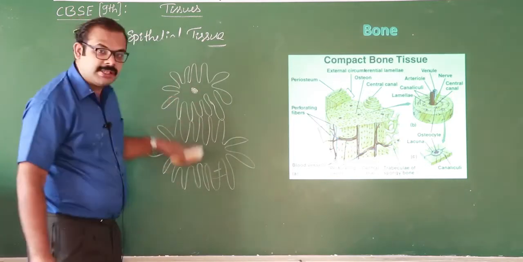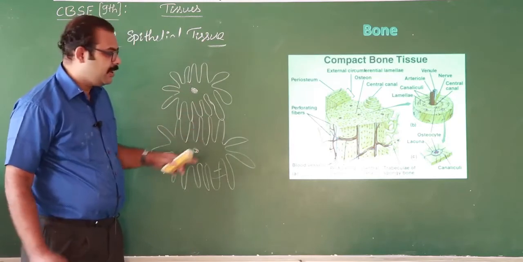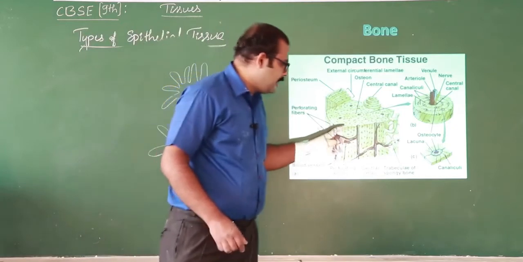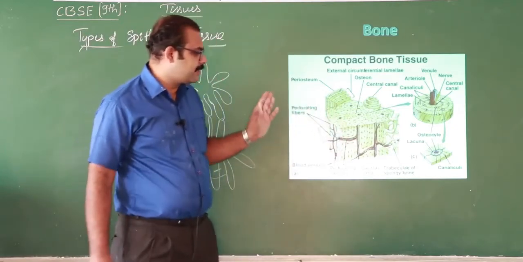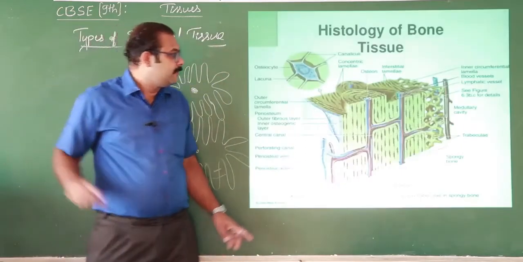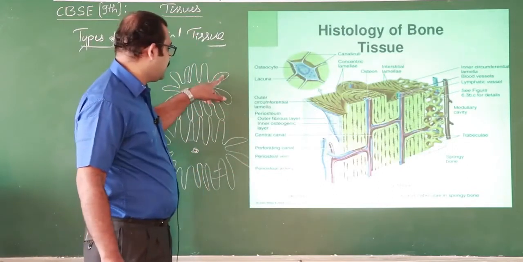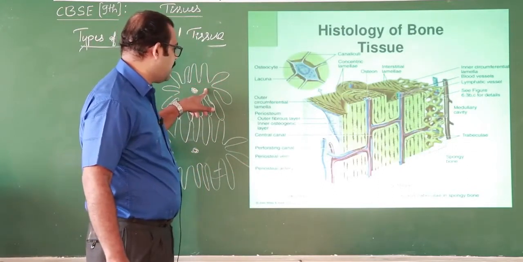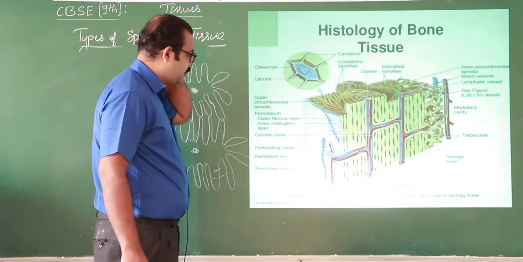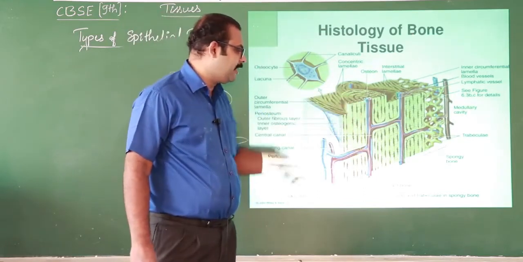So this is one bone cell, this is another bone cell, and they have an interconnection with each other. In this way the bone cells are located, and the bone is hard because of the presence of calcium and phosphorus. Look here, this is the bone cell. These finger-like structures have an empty space called lacuna. In that you will find a nucleus of the osteocyte. Then you see how the ring-like structures are arranged inside that.